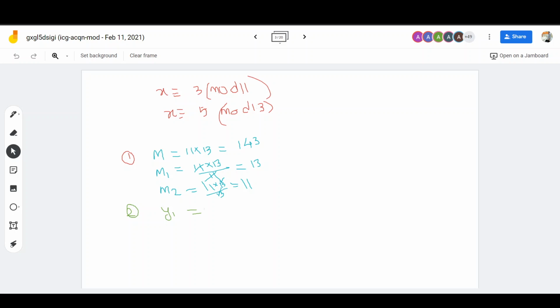Here you have to use the extended Euclidean algorithm to find the multiplicative inverse value.